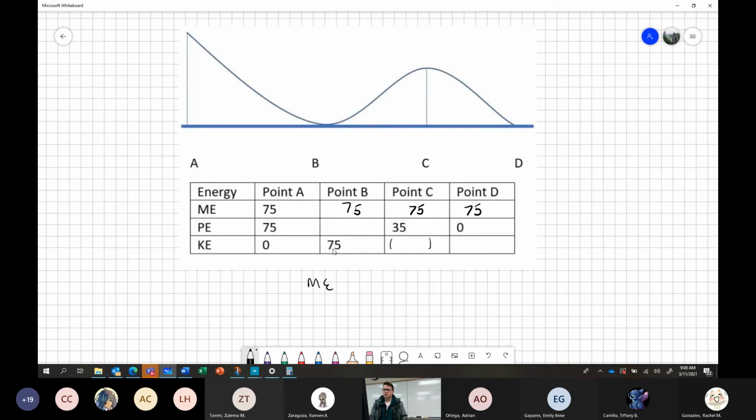Remember, mechanical energy, the total, is just the sum of the two parts, which is potential plus kinetic.